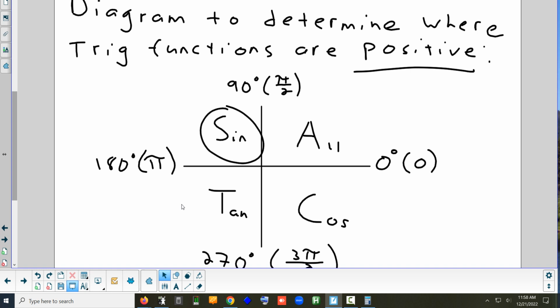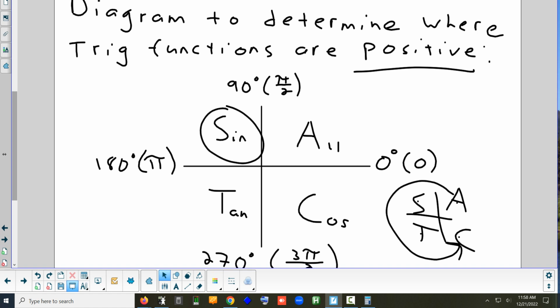The way I remember this diagram is I usually refer to it as the ASTC diagram. All students take calculus. Whatever you want to use to try to remember. But ASTC, and the letter tells you the trig function that comes out positive in that quadrant.